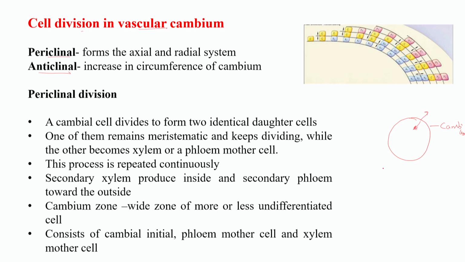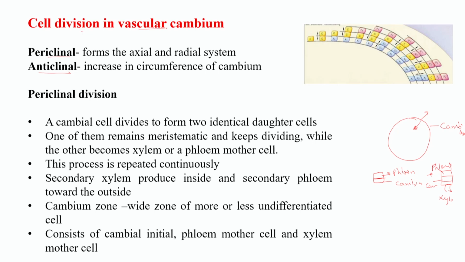Suppose one cambium cell divides into two cells: one remains as cambium, and one forms phloem. Then again it divides to form xylem, again one remains as cambium and the other is phloem. In this way several tissues will be cut on either side, which increases the diameter.